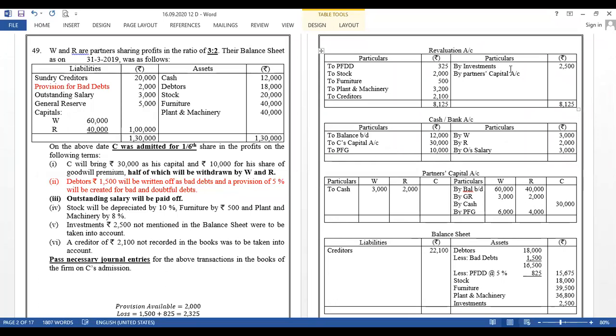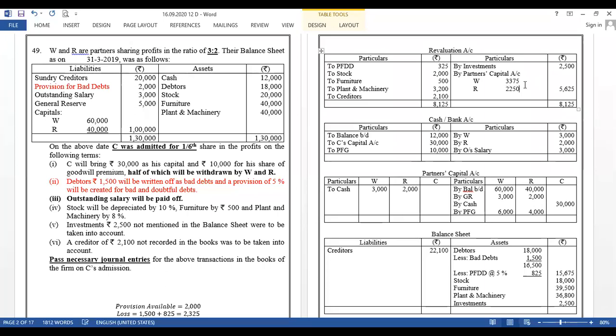This will go to the two partners in the old ratio, W and R. The amount is 5,625. I want you to distribute this in the ratio of 3:2. So 3,375 and 2 parts are 2,250.